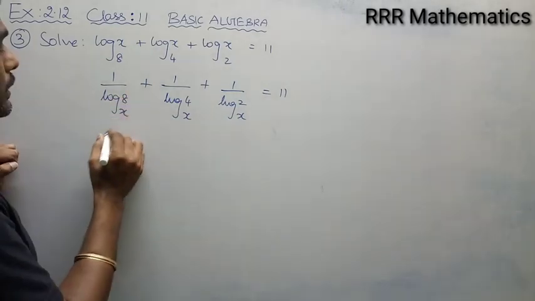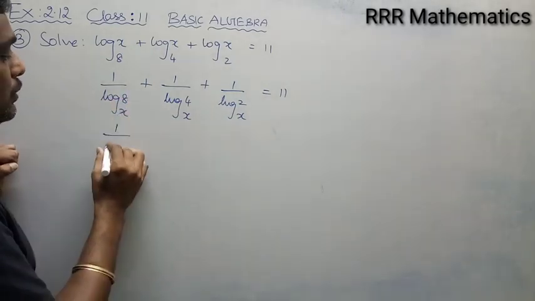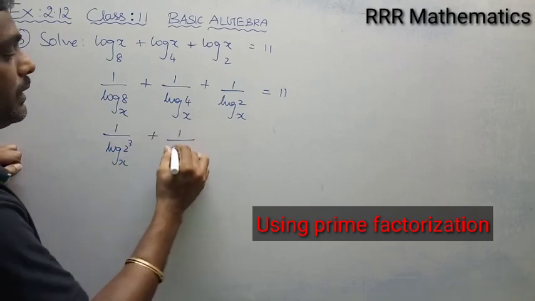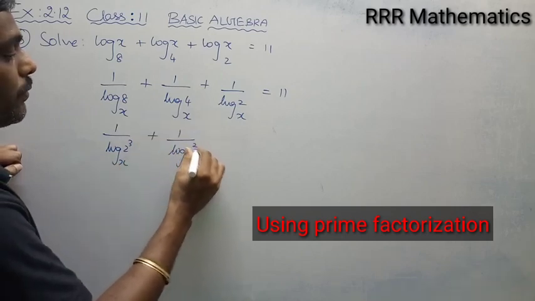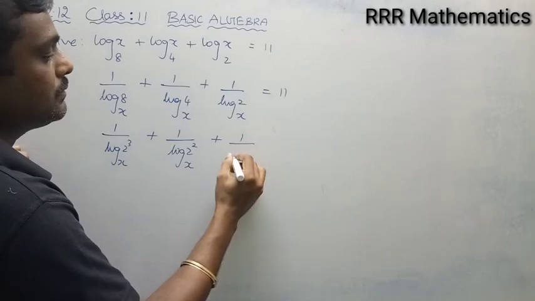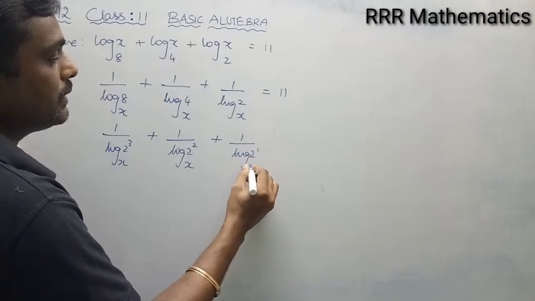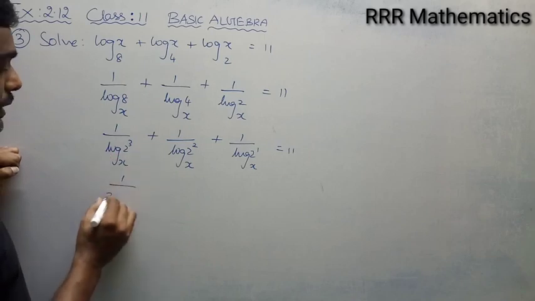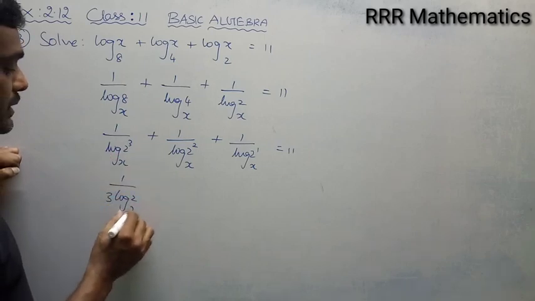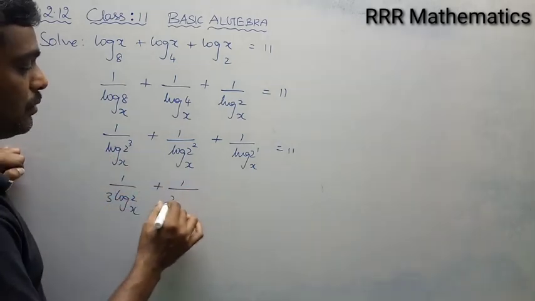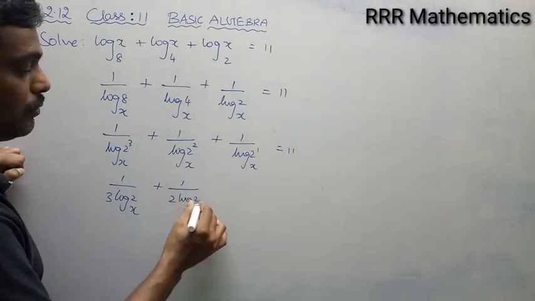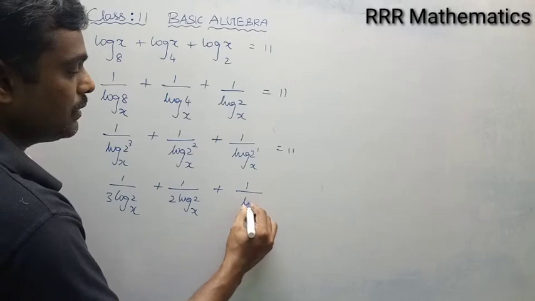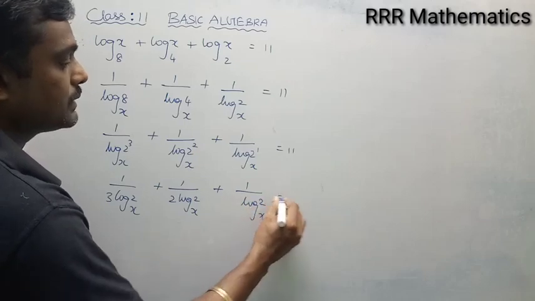Okay, and 8 can be written as 2 cube, 4 as 2 square, and 2 as 2 power 1, base x. No problem. Using the power rule, 3 will come to the front: 3 log 2 base x. This will be 2 log 2 using the power rule, 2 will come to the front, base x. This will be log 2 base x.